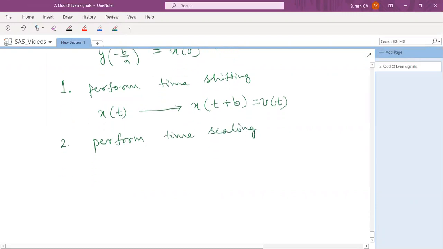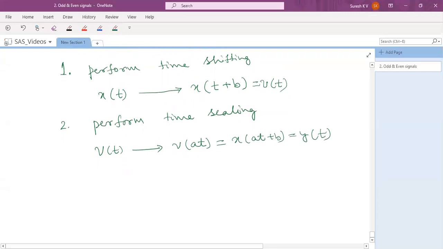Now that means v of t should now become v of at. That means I have to do time scaling. So this will be x of at plus b, which will be our final output y of t. So this is how we should perform time shifting and time scaling using the precedence rule. So these are the steps to be followed whenever we need to perform both time scaling and time shifting together.